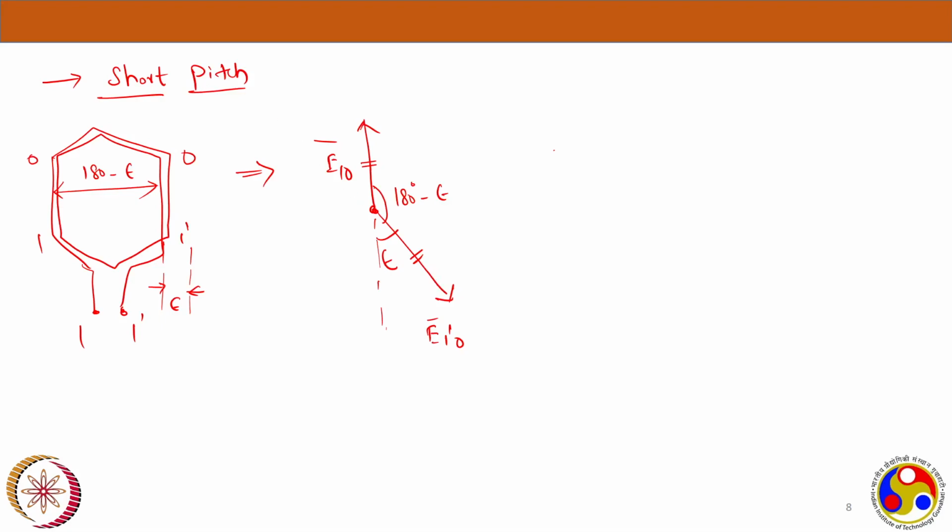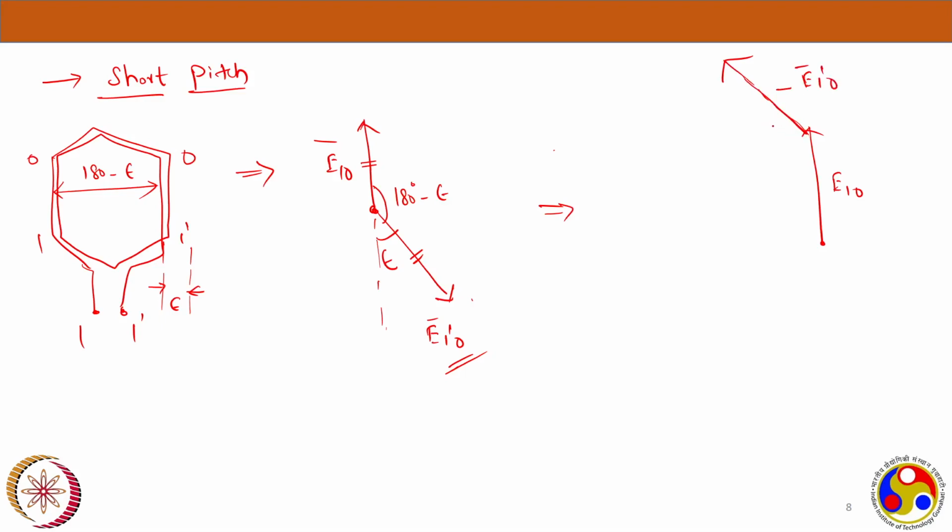So this is E10, and I put this particular E1 dash 0 here, but reversed in this way, so this will be minus E1 dash 0.